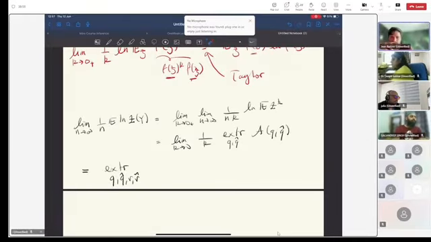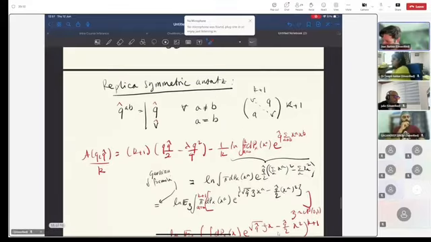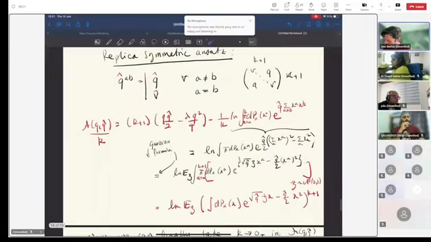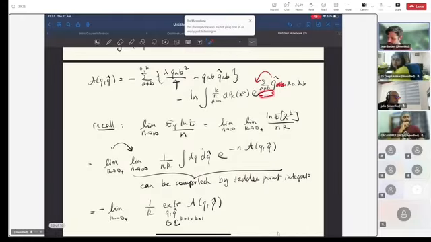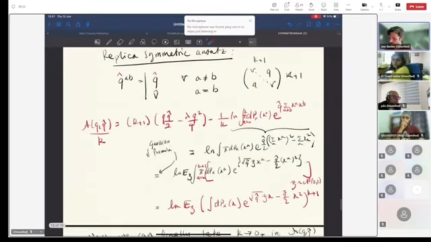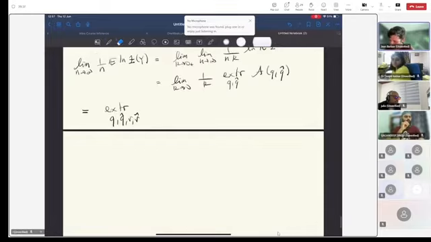Yes, so in the notes I have not written the v and v hat because, excuse me one second, the v and v hat never appear actually, because you see the only terms that appeared is for a different than b here. So I never need to consider the diagonal of this matrix. So this v and v hat at the end do not appear in the expressions. You can check. There is no v and v hat.